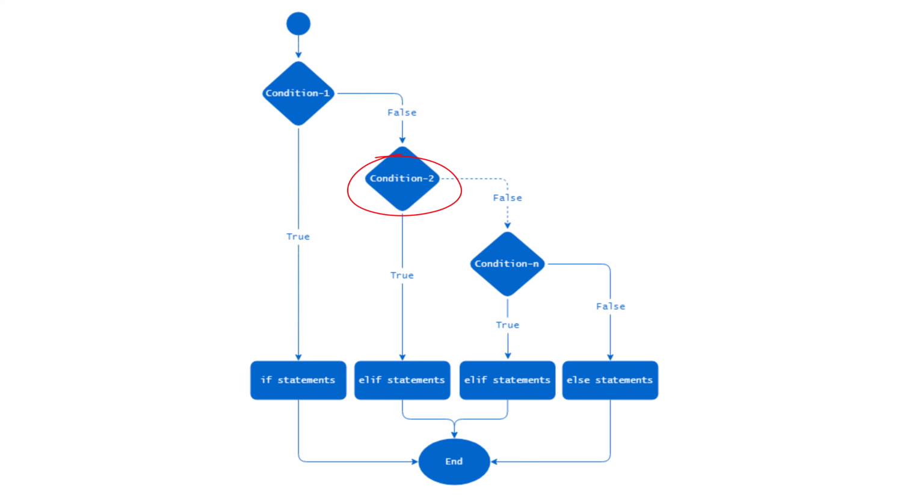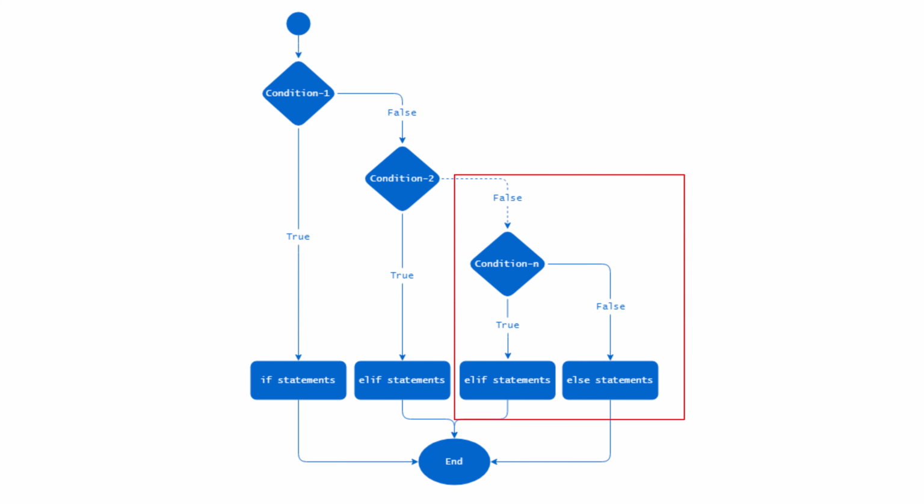And if condition 1 is false, then it will again check condition 2, which is part of else if or elif, and if it is evaluated as true, then it will go to the block of the elif statement and go to the end, bypassing all other conditions. If there is a condition 3, 4, 5, 6 or n, it will go to that particular block, and after the execution of that block, it will go to the end.